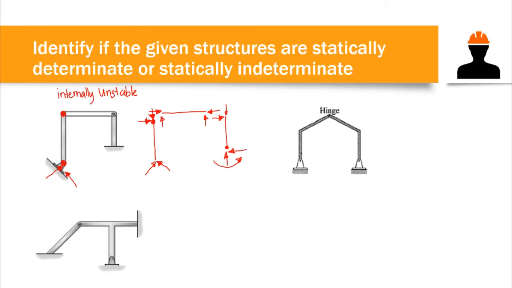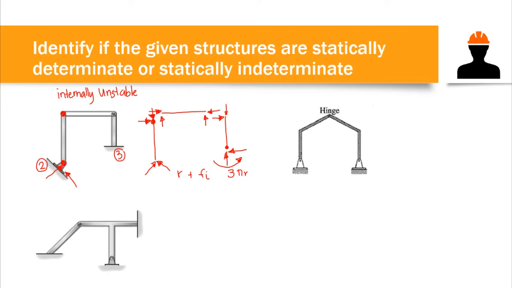So from the formula, r plus Fi versus 3Nr, we have the number of reactions here. At the hinge we have 2, and on the fixed support we have 3: the vertical, horizontal, and moment.